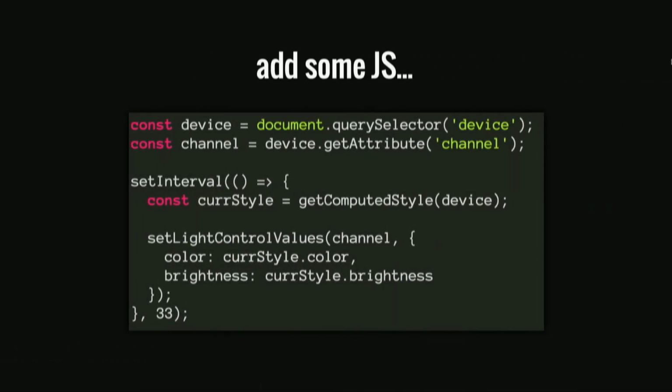It's basically just a loop that runs every 33 milliseconds, and for these devices it gets the computed style that contains already interpolated values for transitions and animations, which is exactly what I want. Then I can extract from this current style my color value, my brightness value, and hand that over to a different part of the software that will handle the communication with the devices.